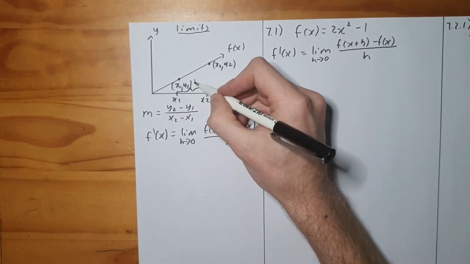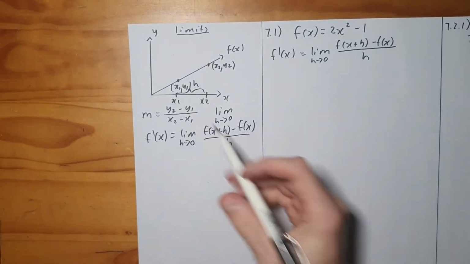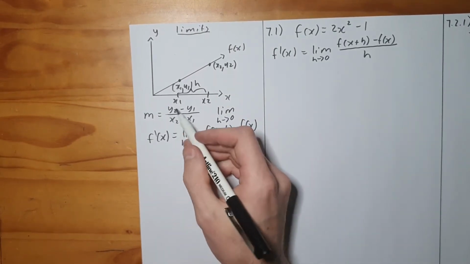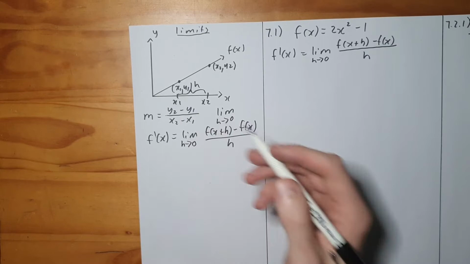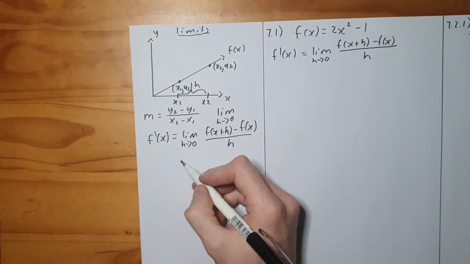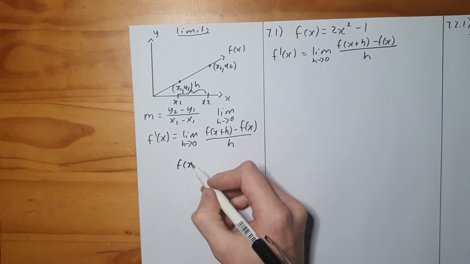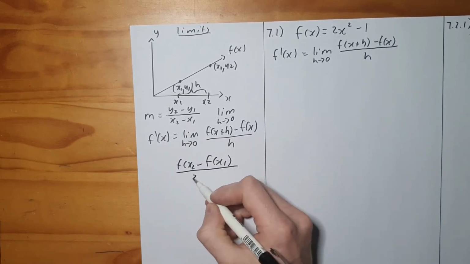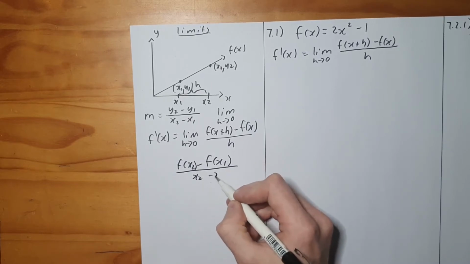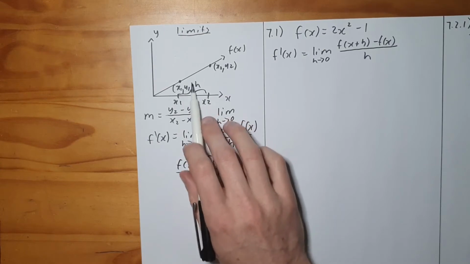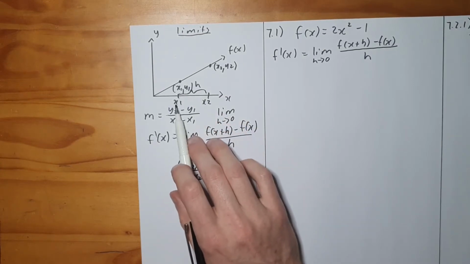So that's h. Now from our gradient we can see that the gradient is y2 minus y1, but we can rewrite y's as f of x. So we have f of x2 minus f of x1 all over x2 minus x1. But can you see that x2 is a distance of h away from x1?